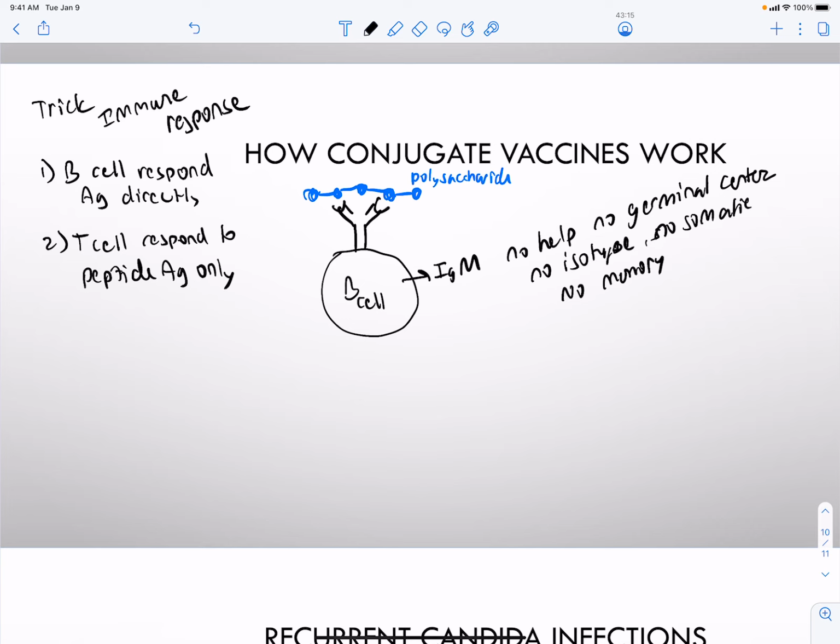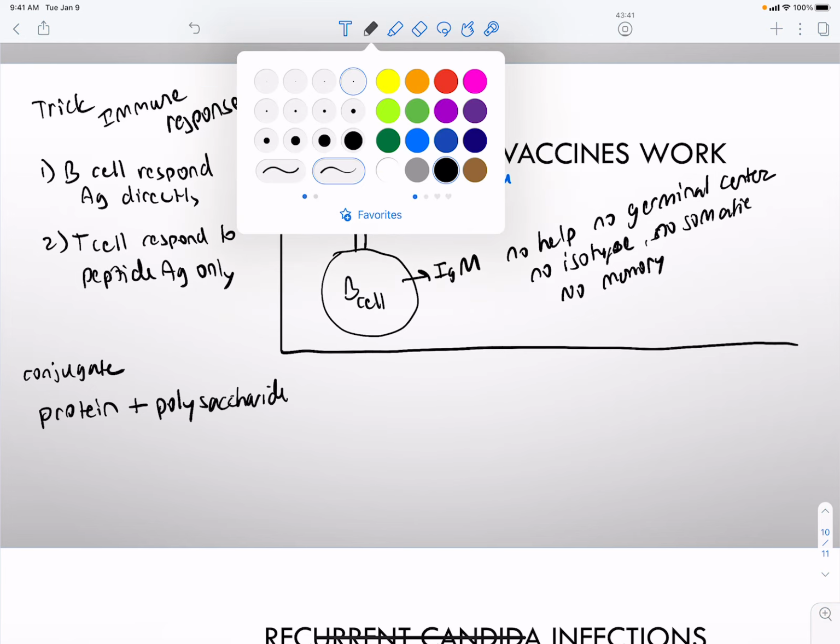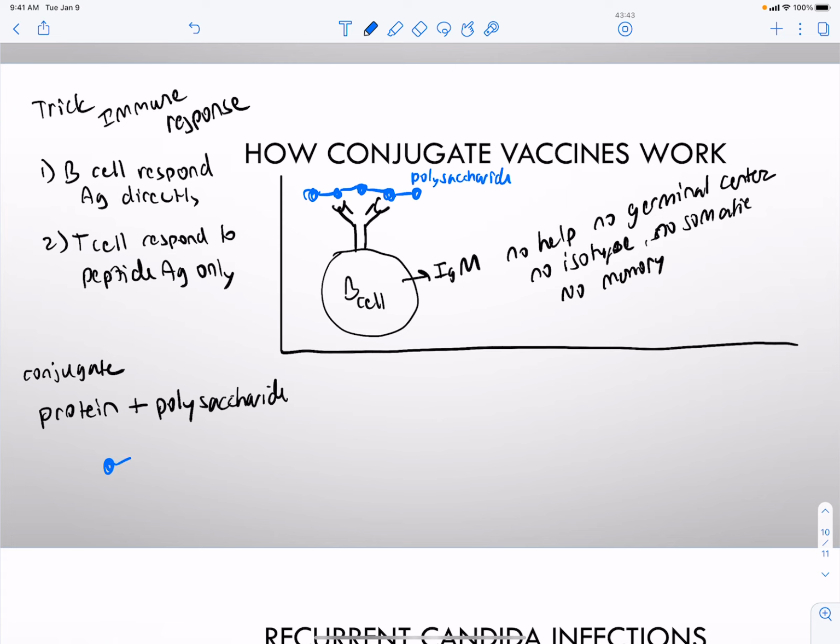And so a conjugate vaccine takes a protein plus the polysaccharide and tries to induce an immune response. So basically, you are going to take this polysaccharide and you're going to tag it with a protein, tetanus toxoid, let's say.